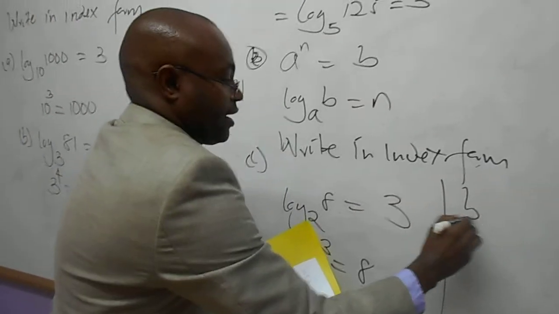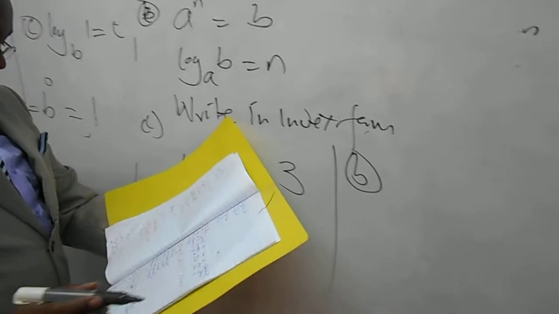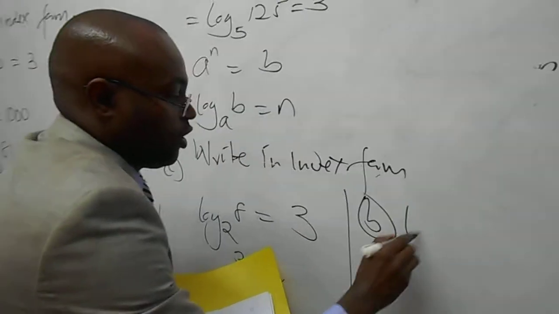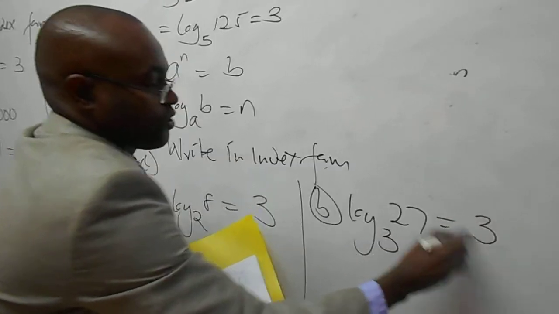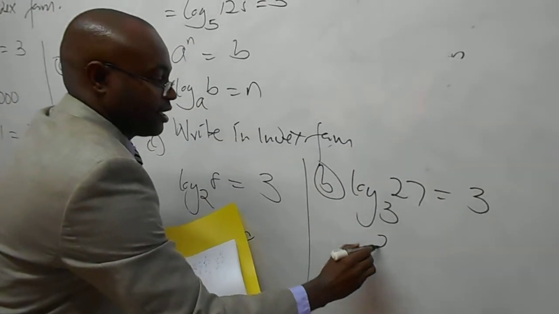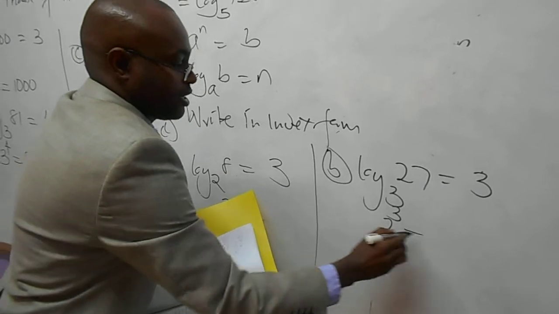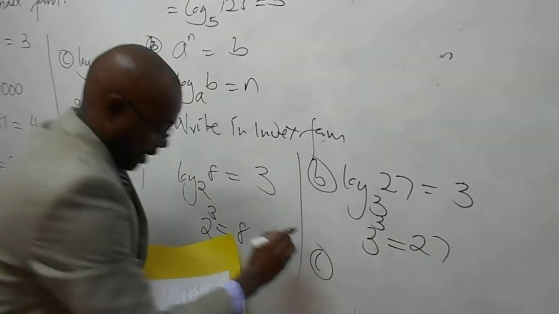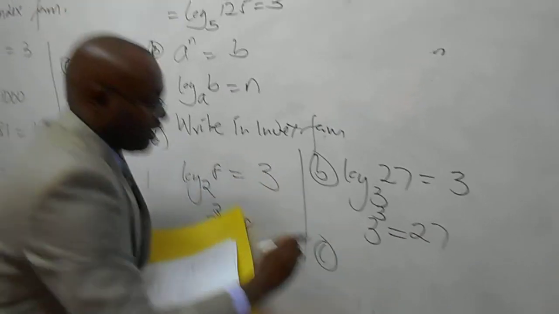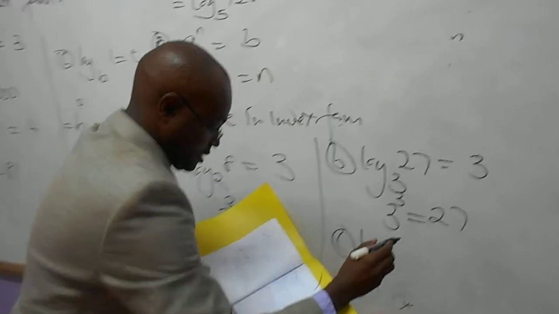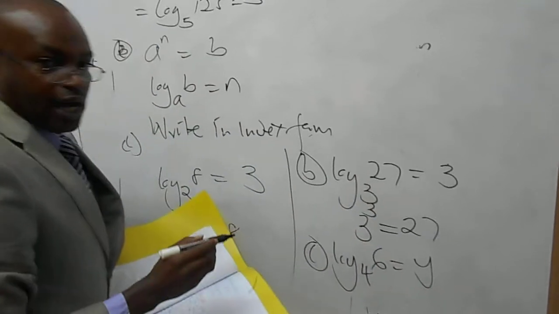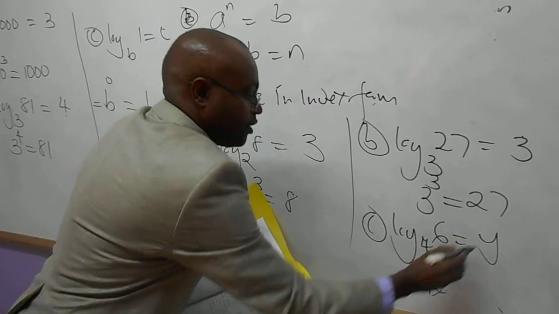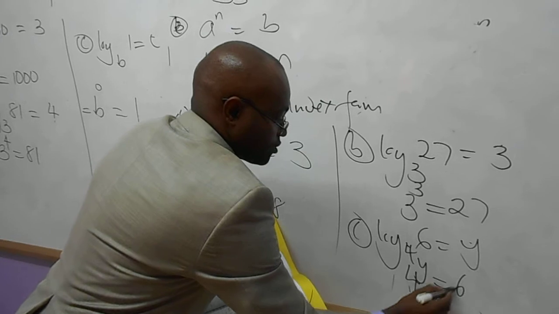If you are given another problem where you are told log 27 to base 3 is equal to 3, again you can take this 3, raise it to the logarithm, and it gives us 27. And lastly, if you are given log 6 to base 4 equals y, it becomes what? 4 raised to y is equal to 6.